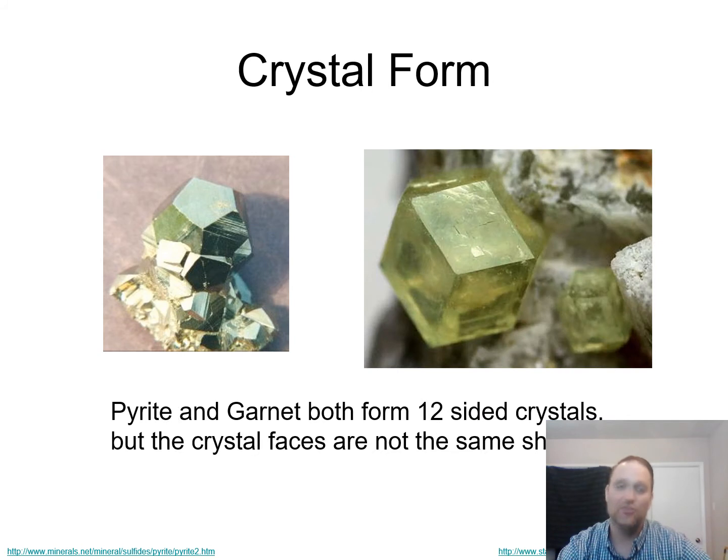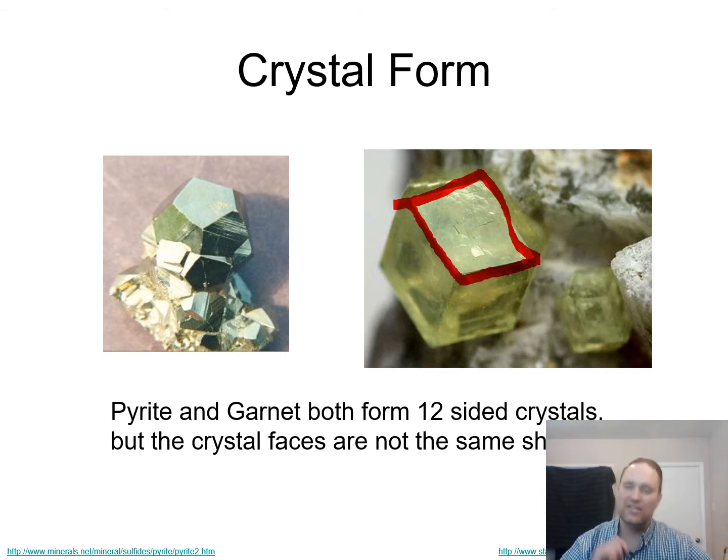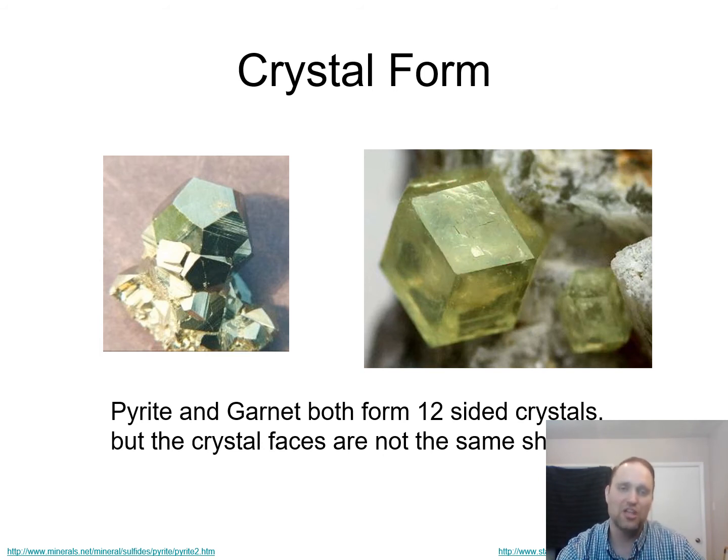Now, not to be too confusing, remember that garnets also have 12-sided crystals. Now, these are totally different, though, because the faces, there's 4 sides to the face. It's a rhombus shape. Whereas on the pyrite, let's see how well I can trace that.